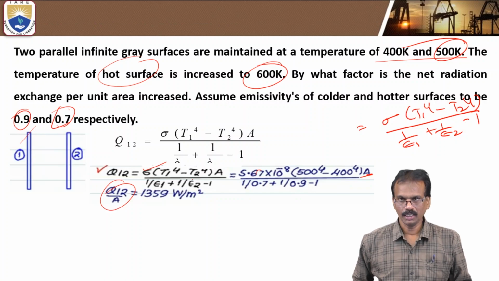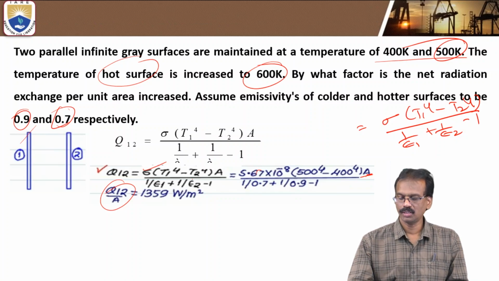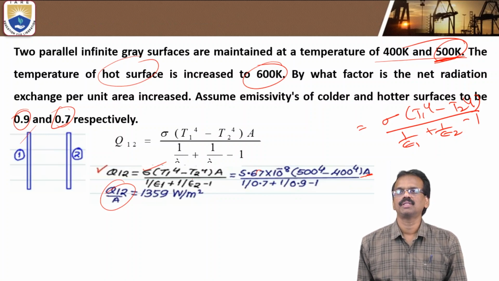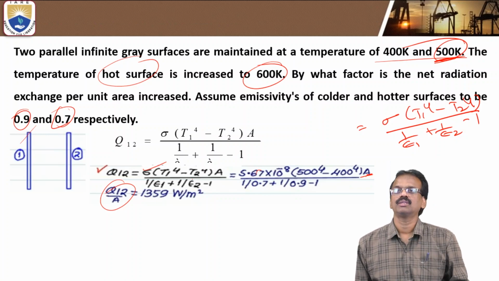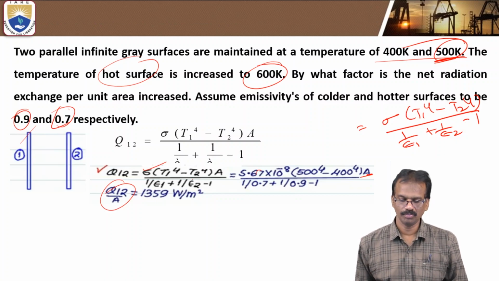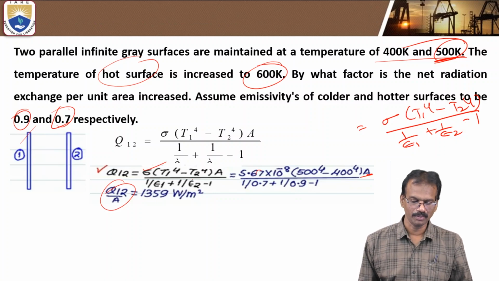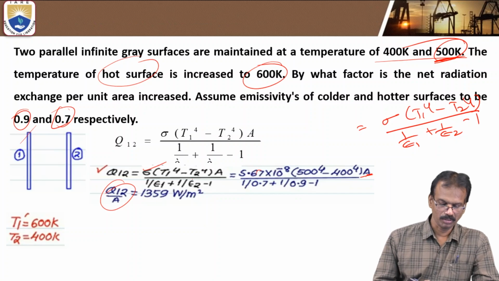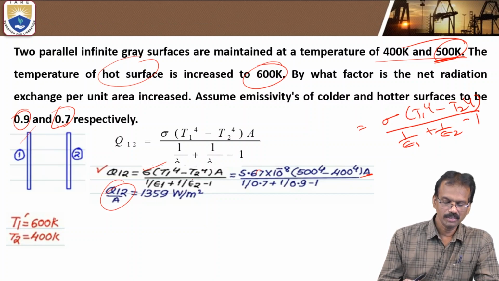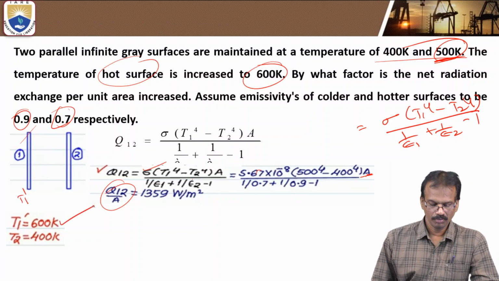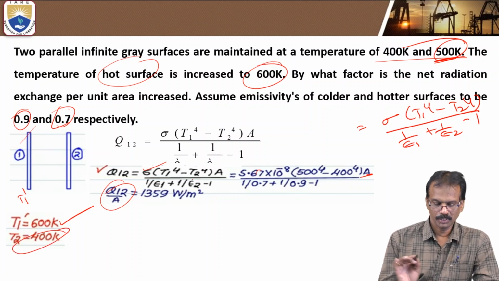Then the second condition: the hot surface temperature is equal to 500 Kelvin, as has been given. If we increase this temperature from 500 to 600, what would happen? We'll see this one. The revised temperature of the first surface, T1 dash, is equal to 600 Kelvin and T2 is the same temperature.